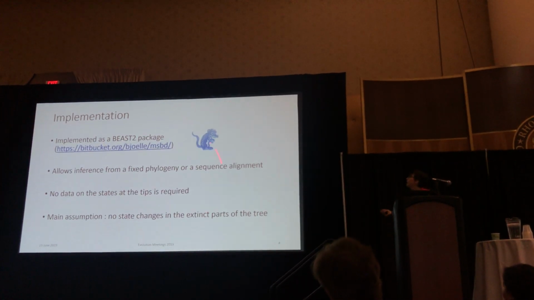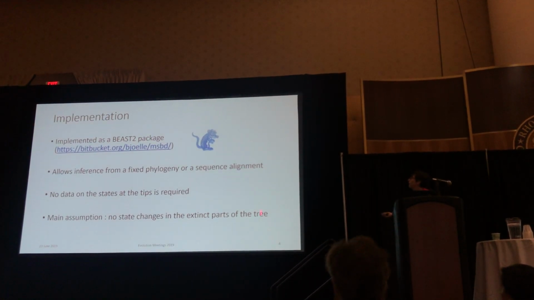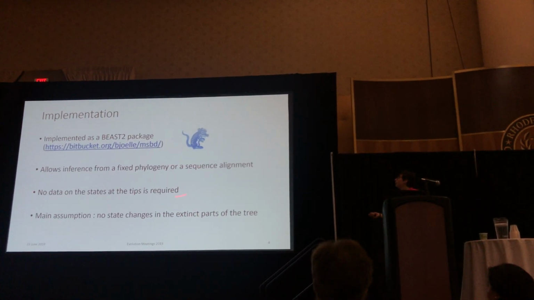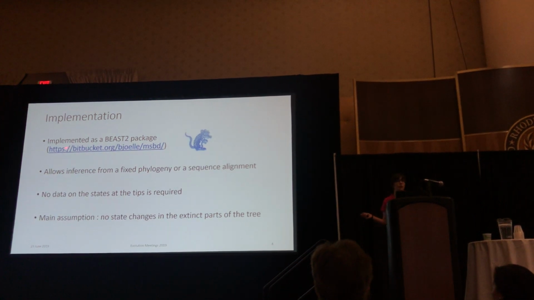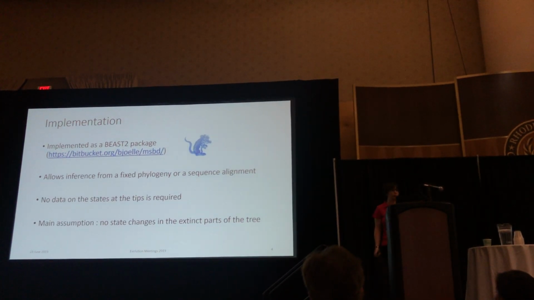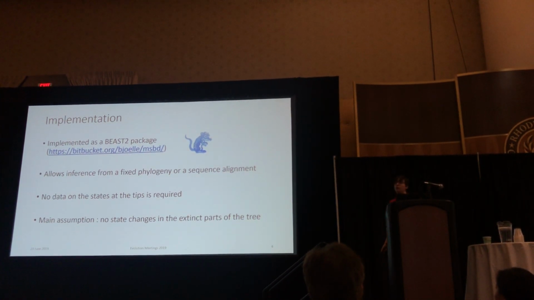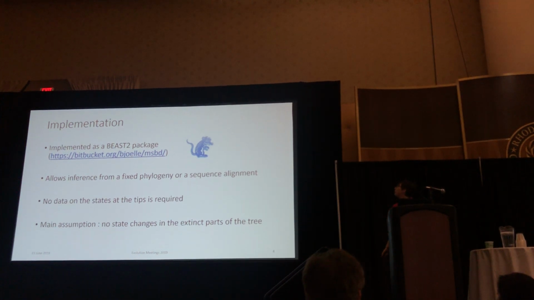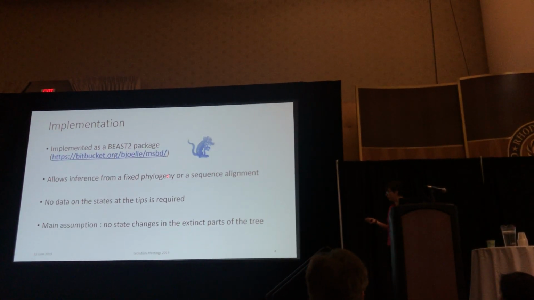It's currently implemented as a package. That's also a feature that allows us to make inference either from a fixed phylogeny like other methods, but also to use that as a tree prior if you want to do full inference from a sequence alignment, using the machinery basically for the inference of the tree.